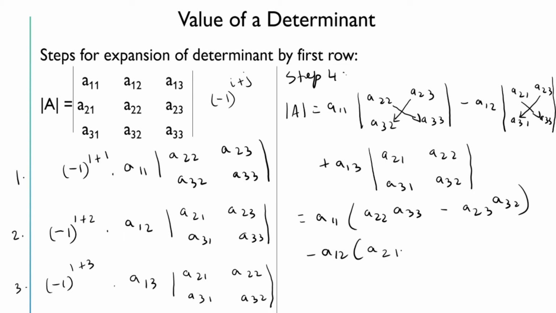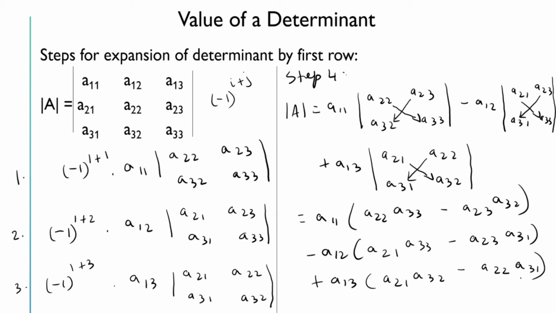So here A21, A33 minus A23, A31 plus A13 into, you have to multiply these two elements minus multiply these two elements, A21, A32 minus A22, A31. So when we do this and simplify, we will get the determinant of A.